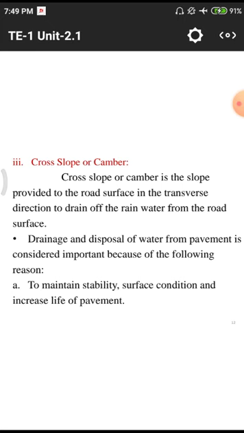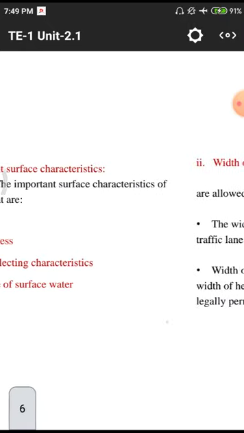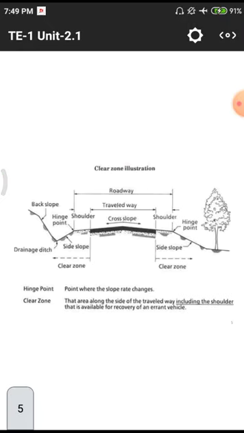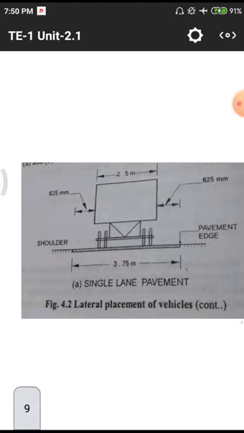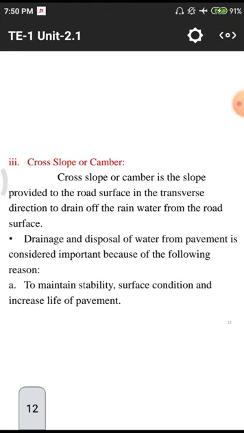First, cross slope or camber is provided on a particular road surface in the transverse direction. That means the transverse position, not in a cumulative way. Here we are seeing the transverse direction is like that, to drain the rainwater.